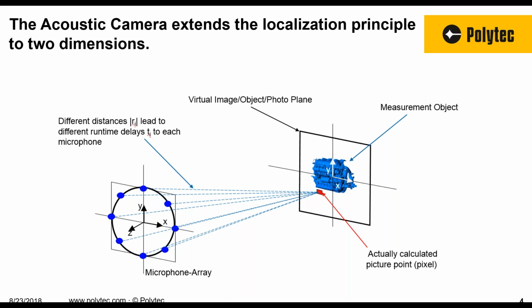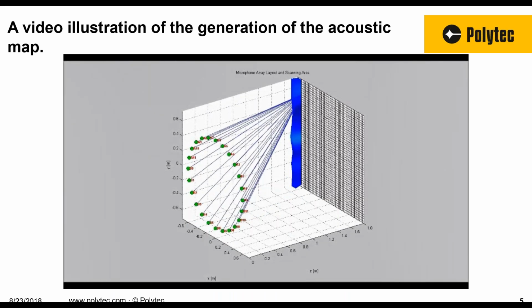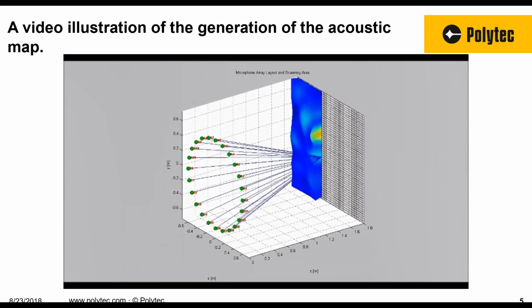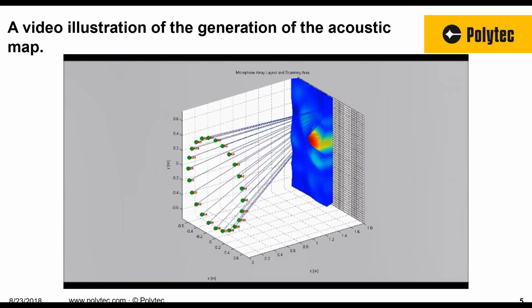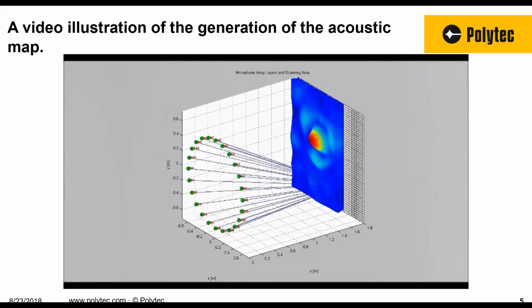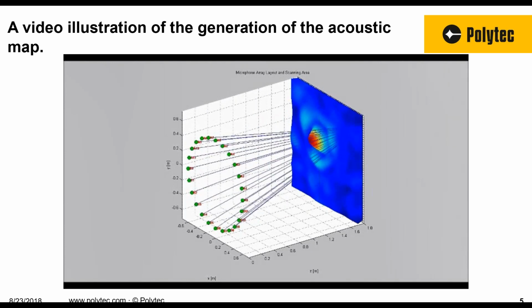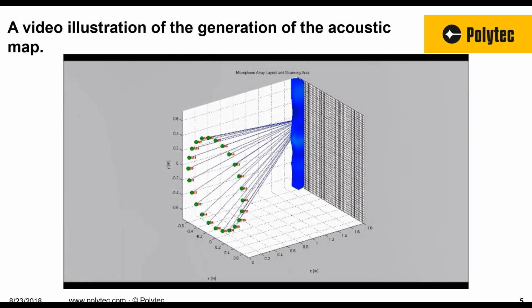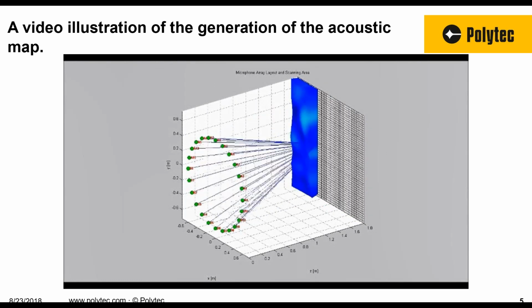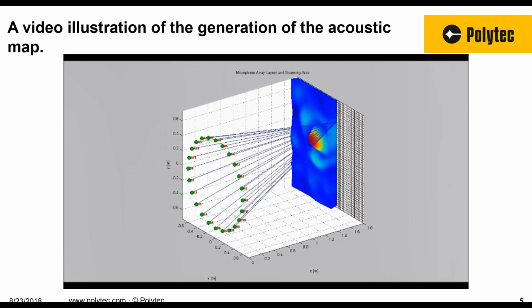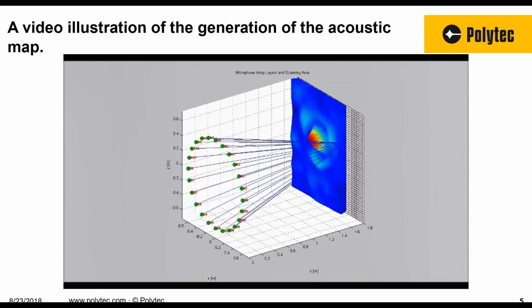A good representation of this is this video, showing how we calculate each of the pixels and then create an acoustic map of what we're seeing. This can be done in real time as well as in post-processing, looking at different pixels individually.